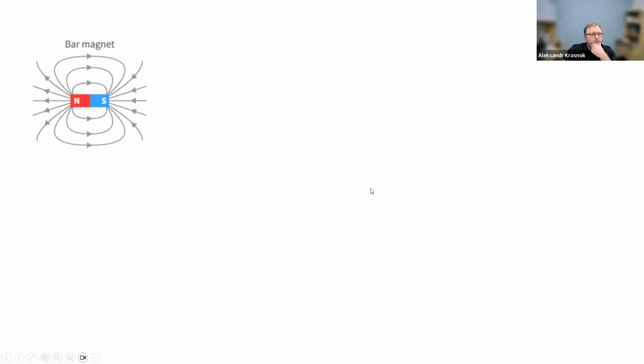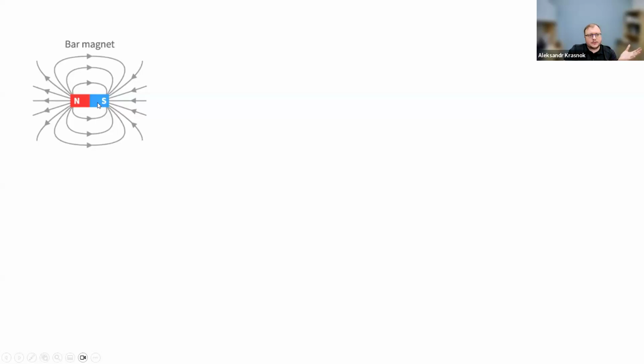So a few words about magnets and magnetic fields. Of course, the easiest, simplest source of magnetic field is this bar magnet, right? You can purchase one from Amazon, whatever. Yeah, it creates some magnetic field. The magnetic field lines start from the North Pole and end in the South Pole.